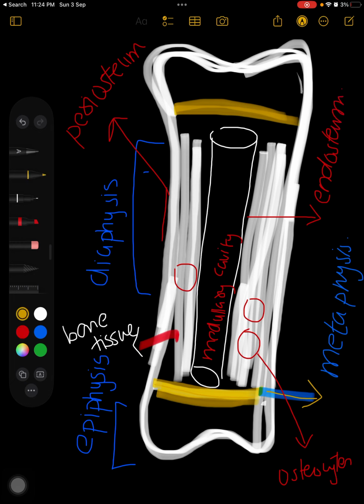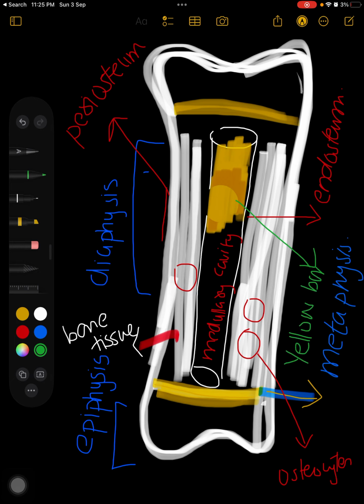And this medullary cavity contains yellow bone marrow.